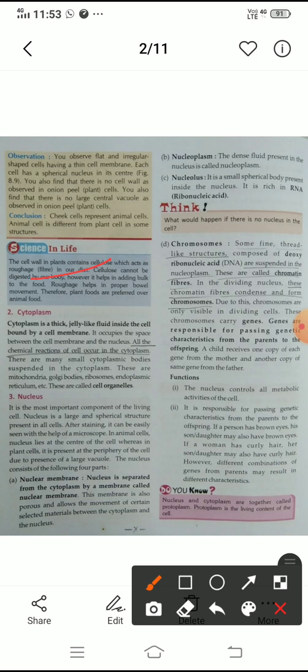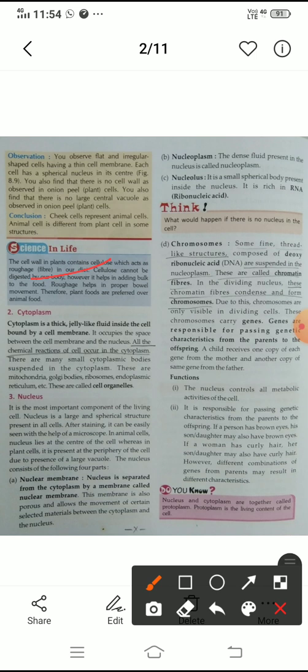Now point number 3 on the same page is the nucleus. By the name you all understand what the nucleus is. In the previous class I taught you that the nucleus is the main organelle in the cell. It is the most important component of living cells. Without a nucleus, a cell cannot live; it will die.